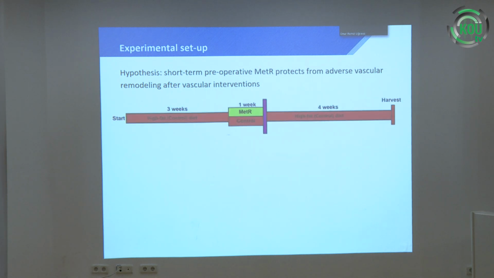We are specifically interested in utilizing the benefits of dietary restriction that arise fairly quickly, and using that in a preoperative setting that may have a long-lasting effect on the vascular remodeling. So what we initially did: we put mice on a high-fat diet for 3 weeks, then one group switched to methionine restriction, I'll come back to that, but we've heard it previously.